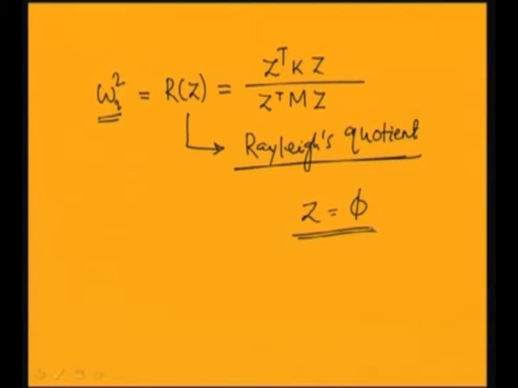So, we know from linear algebra that any function z or any vector z can be expressed as a linear combination of n linearly independent vectors. This is the expansion theorem. So, you can write this z as the summation of c_i into z_i, or I can write this as Zc, where Z is the square modal matrix.